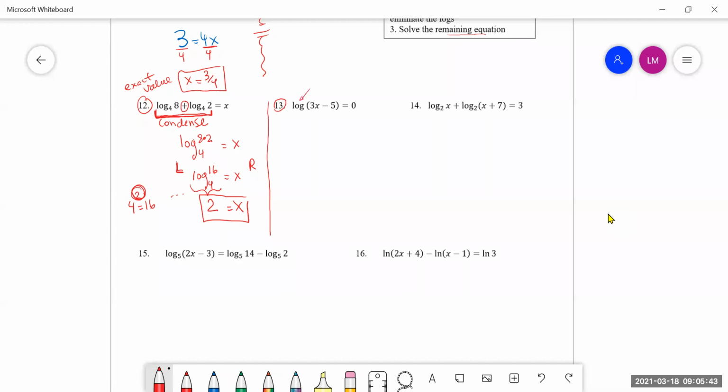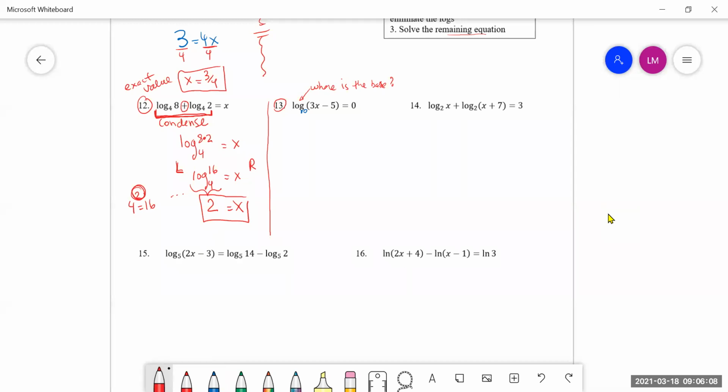So let me make a note here. Where is the base? If there is no base, then we know it's invisible, and that is base 10. So I'm going to put it in nice little blue over here so you can remember when it's invisible, it is base 10.